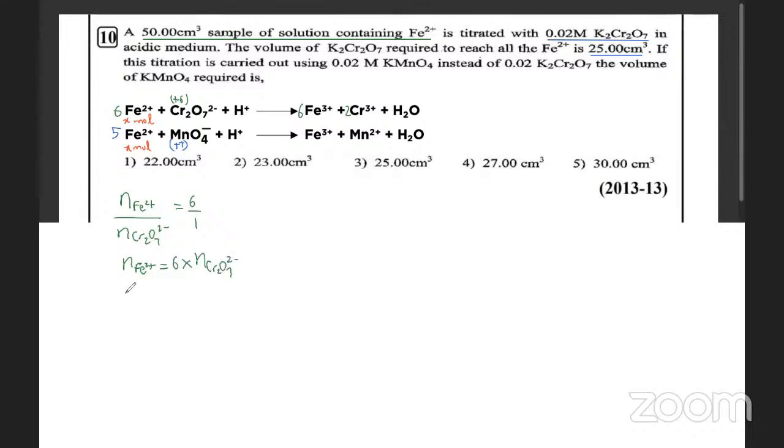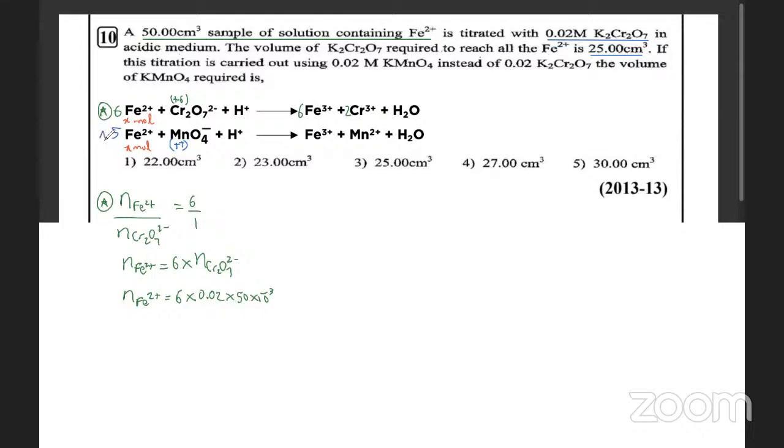So number of moles of Fe2+ is going to be equal to 6 times number of moles of dichromate. The information given is 0.02 M into 50 milliliter, 50 into 10 to the power minus 3. Let's leave it like that, no change. So from this reaction we can come up with this, and then the next reaction, the second one.